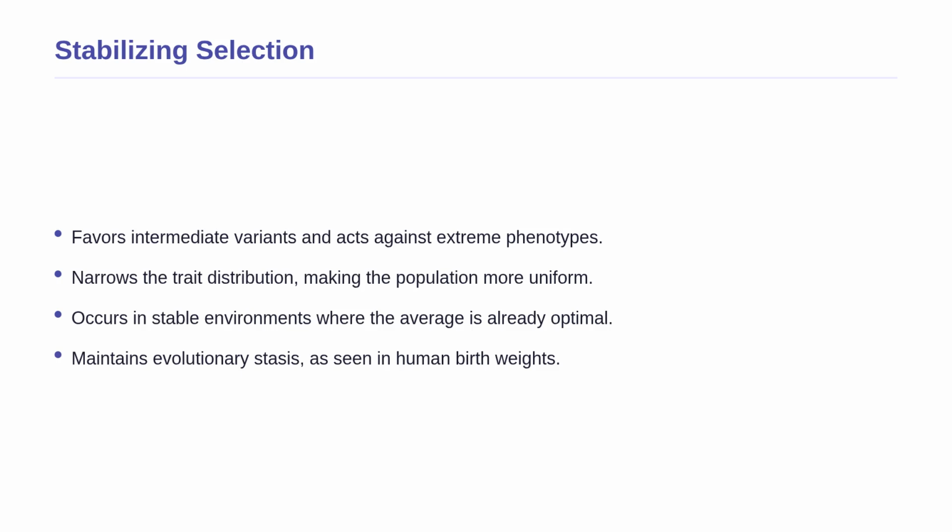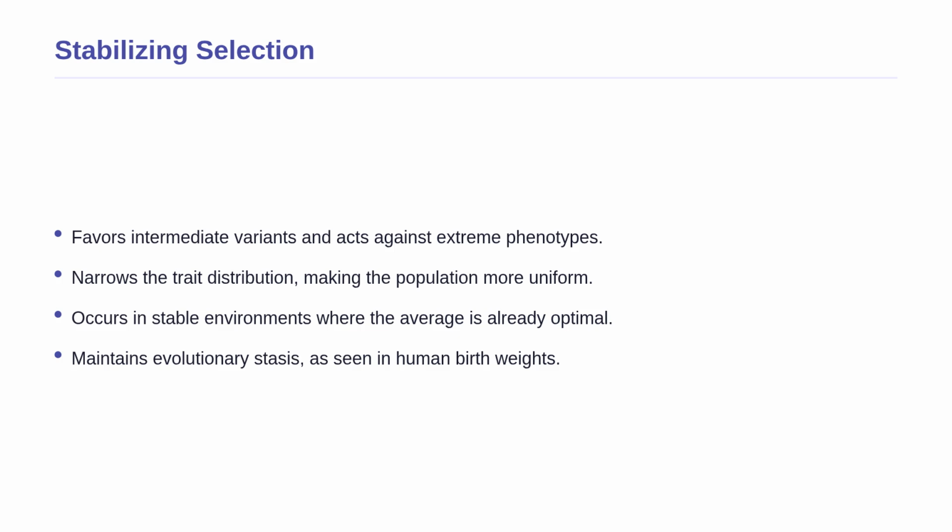While directional selection pushes for change, what happens when a population is already perfectly adapted? This brings us to stabilizing selection. Think about human birth weights. If a baby is too small, it is weak. If it is too large, childbirth is dangerous. Nature heavily favors the middle ground.